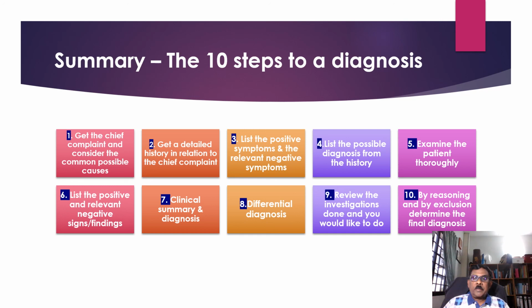In step 9, you do the investigations, review the investigations done, and do whatever further you would like to do. And in the last, 10th step, by reasoning and by exclusion, determine the final diagnosis. This, ladies and gentlemen, is my simplified version of solving the clinical scenario puzzle.